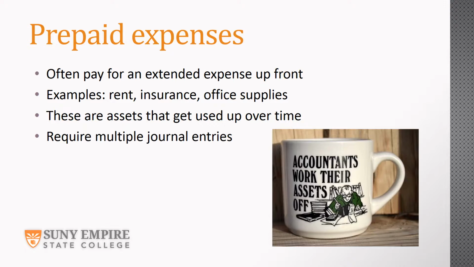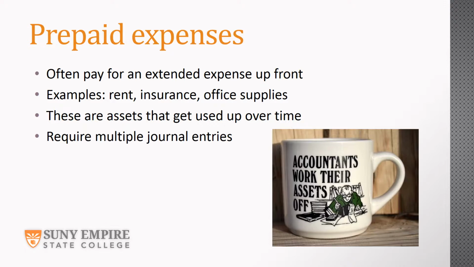How do we account for these purchases and expenses? Unlike the unrecorded liabilities and receivables, prepaid expenses require multiple journal entries, one for the initial purchase, then the adjusting entry at the end of each month as the asset is consumed.